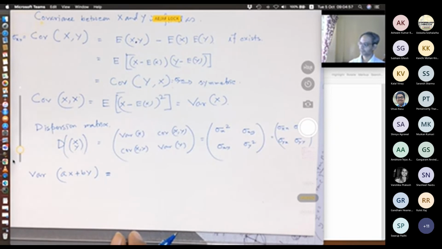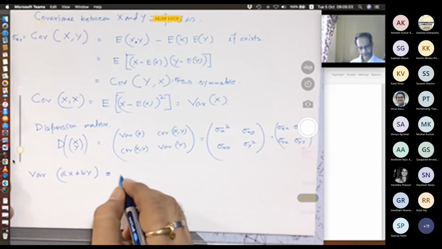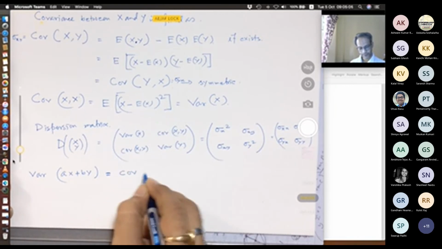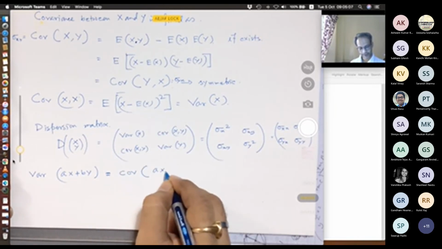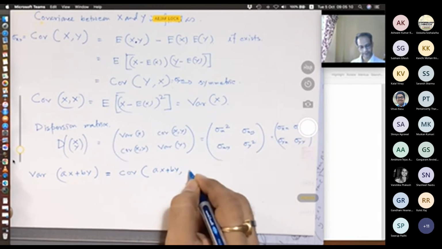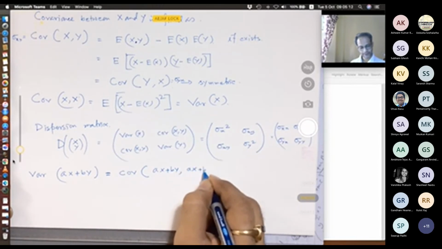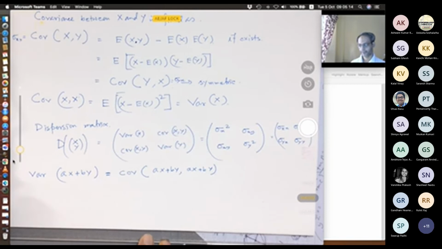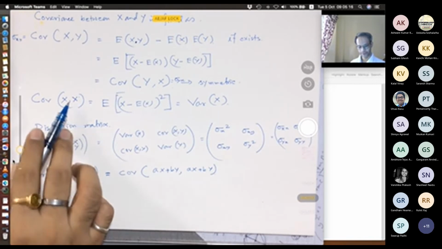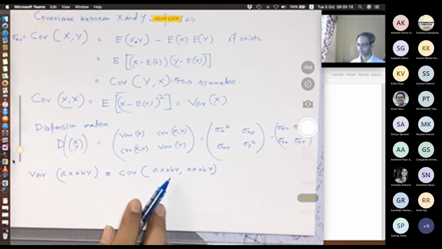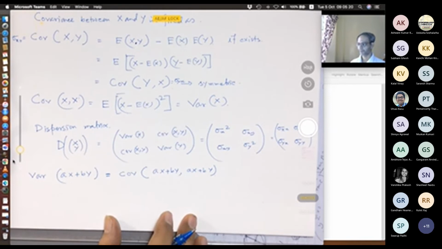If you go by definition, can you write it this way: covariance of ax plus by and ax plus by? Is it okay for everybody?